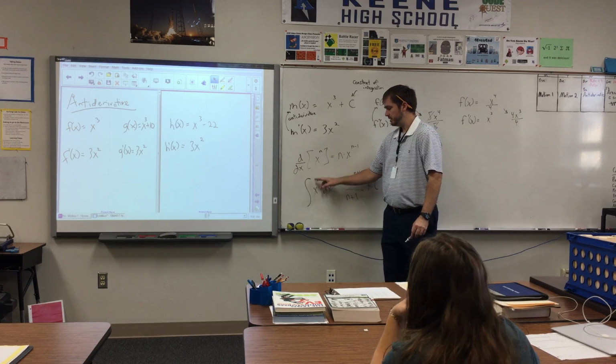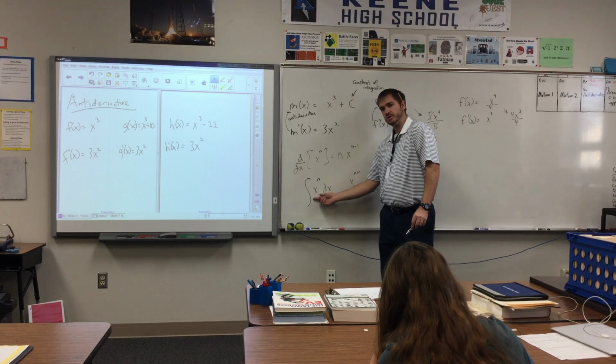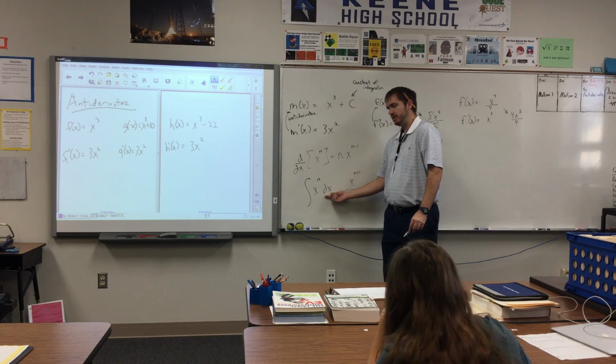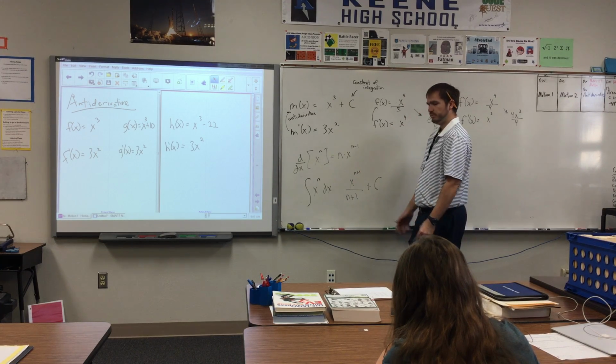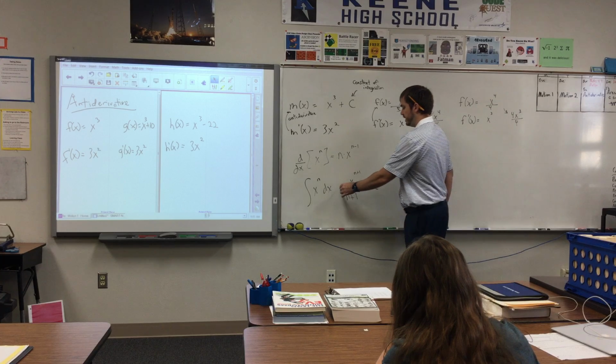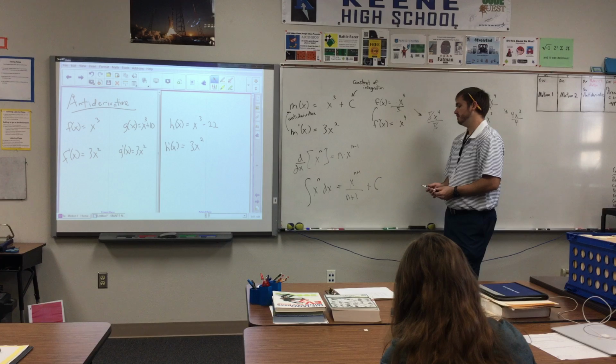Then you have the function you're taking the antiderivative of. Then you have dx, which lets you know that x is your variable of integration, the variable you're taking the antiderivative of. And then we would say equals x to the n plus 1 over n plus 1 plus c.